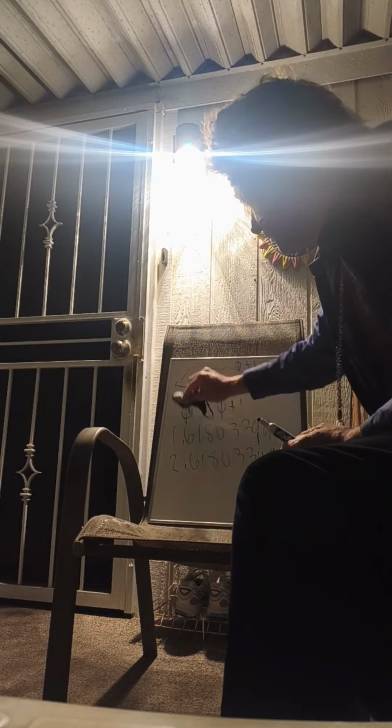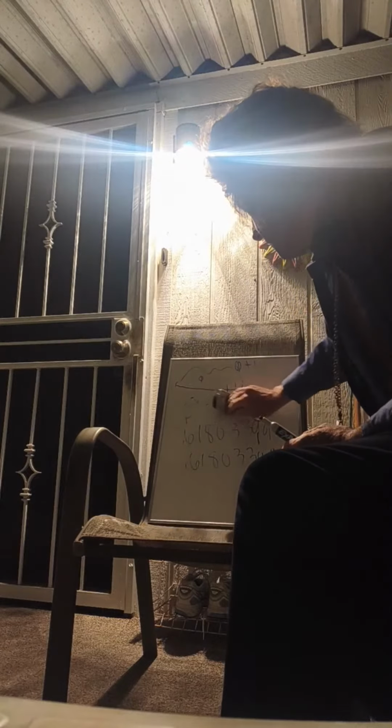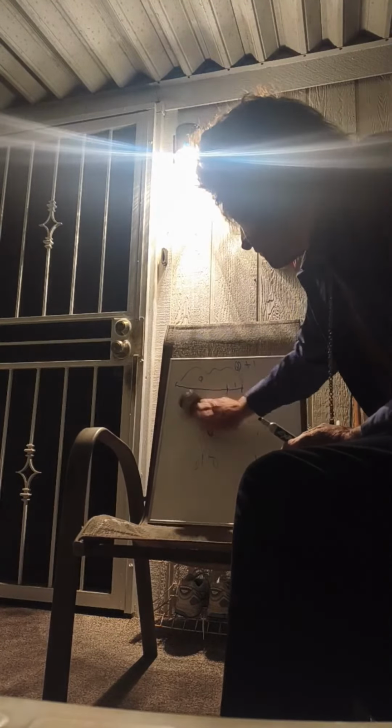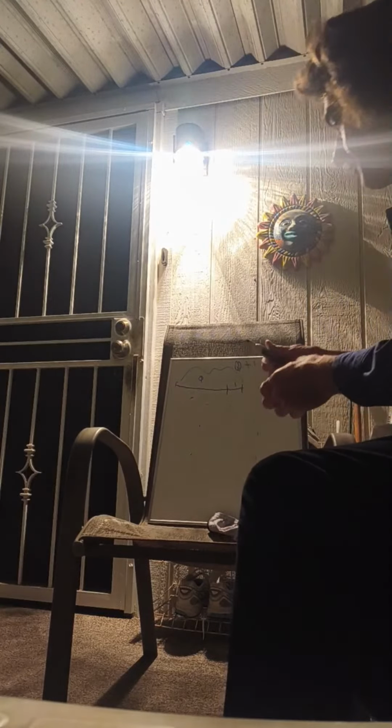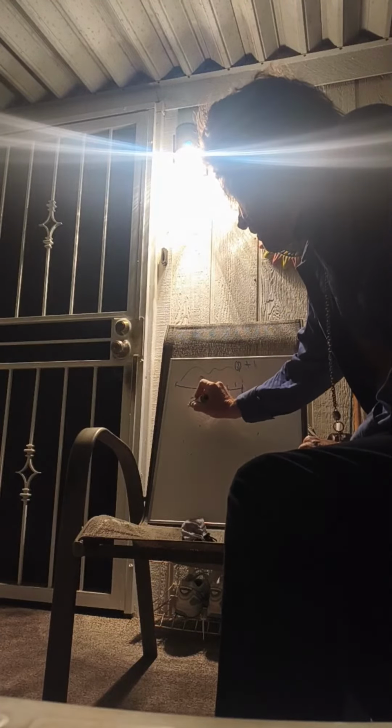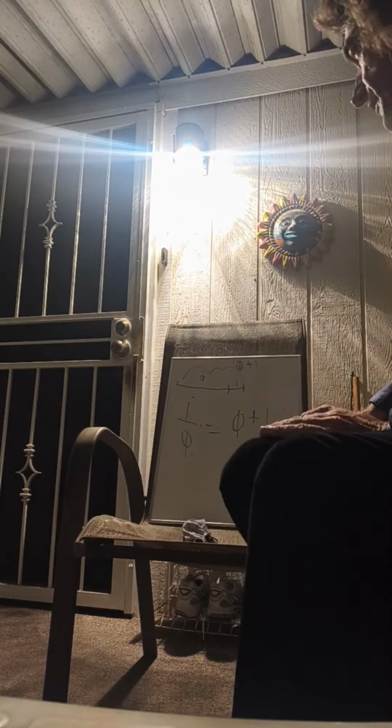Now here's the thing. Here's what I tried to do next, and here's what I did wrong, and I'm going to fix it now. So how you guys doing? I tried to say that 1 over phi equals phi plus 1, but I was using a different version of phi.